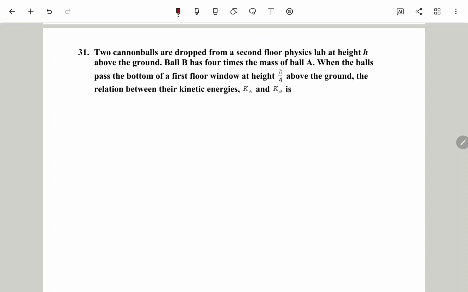Ball B has 4 times the mass of ball A. When the balls pass the bottom of the first floor window at height h over 4 above the ground, the relation between their kinetic energies Ka and Kb is, now again from the conservation of mechanical energy, E final is equal to E initial, and K final A in this case here, plus m_A g h over 4 is equal to m_A g h, no kinetic energy at the beginning here, so the initial kinetic energy is equal to 0.